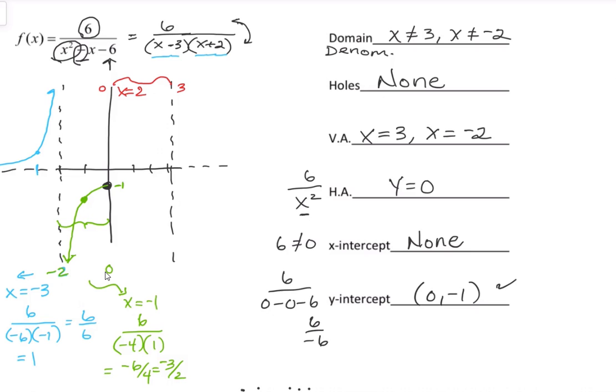If I plug 2 into that original function, I'm going to have 6 over 2 minus 3 is -1, and 2 plus 2 is 4. So that's also going to give me -3/2. If I plot that point at (2, -3/2), this branch is also below.